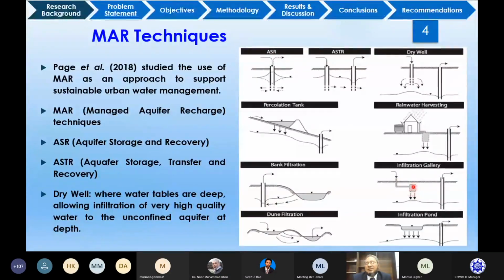The rainwater is stored in narrow trenches filled with boulders, and then the water seeps down and can raise the water table, and then we can do the pumping nearby. Another is dune filtration, and the next is infiltration ponds, which we can say are deep ponds.